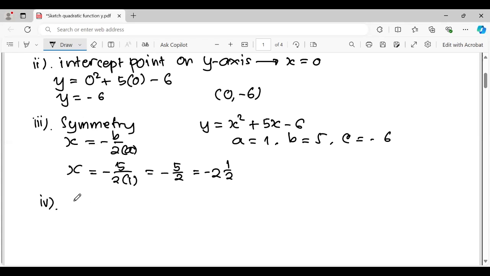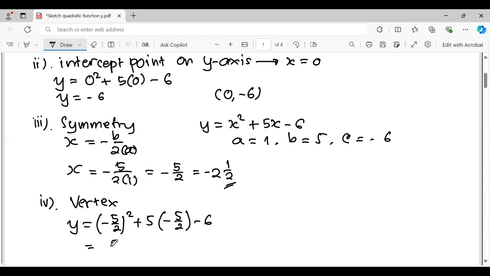The next step, find the vertex. Y equals, substitute x equals minus 5 half into this function. Minus 5 half squared plus 5 multiply minus 5 half minus 6 becomes 25 over 4 minus 25 half minus 6.